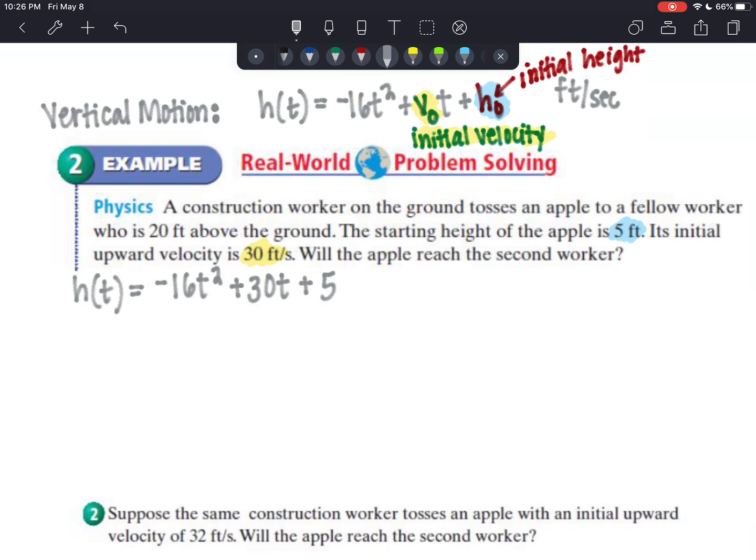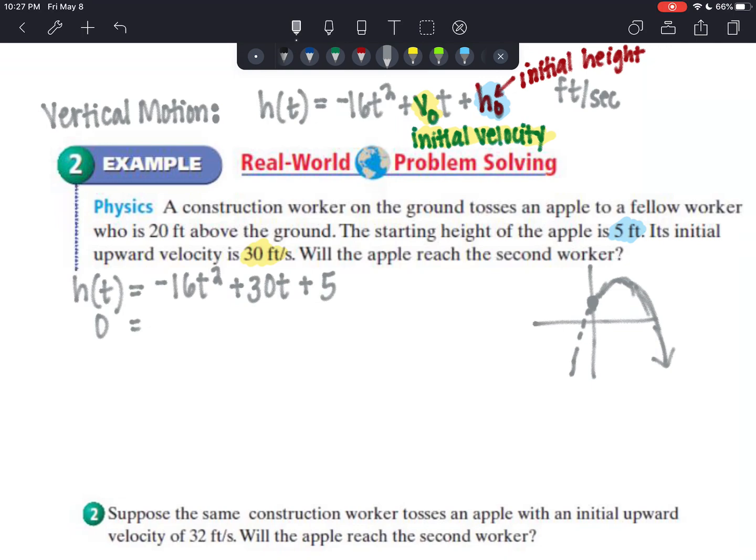Now, if I want to know whether or not this quadratic has any solutions when the height is 0, it's probably going to look something like that, right? And I know that because I have a y-intercept of 5.